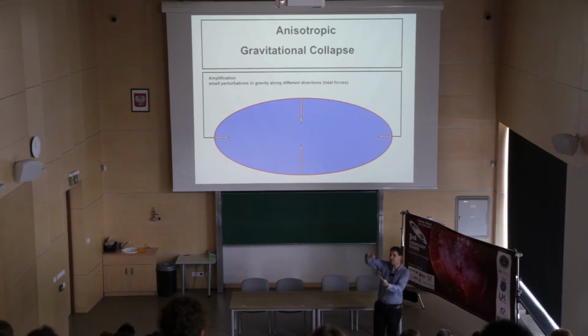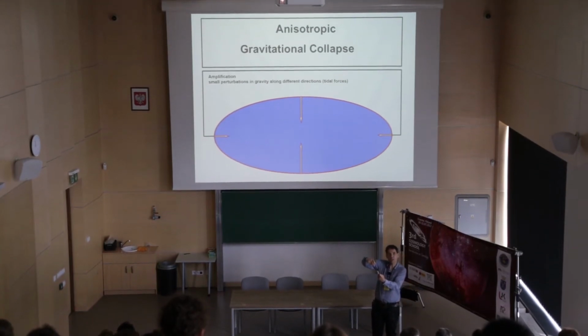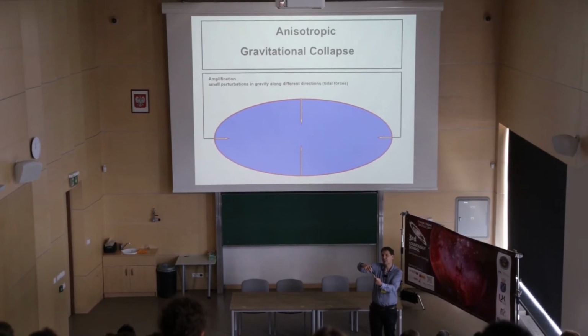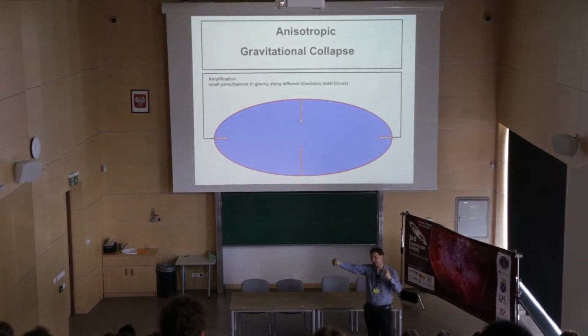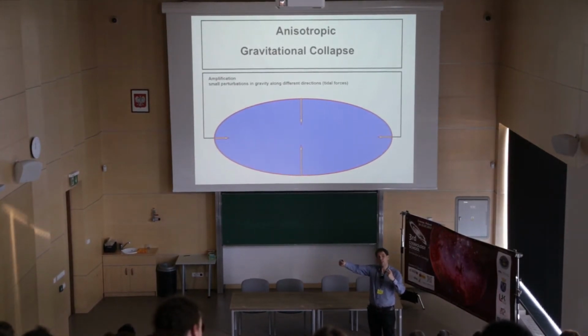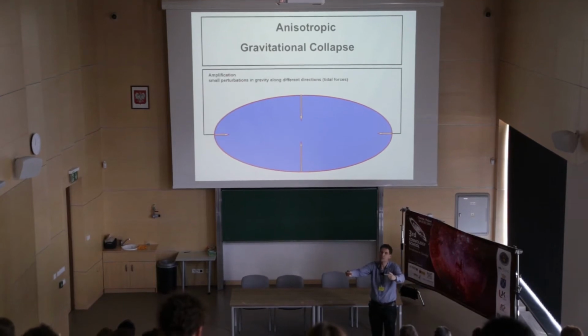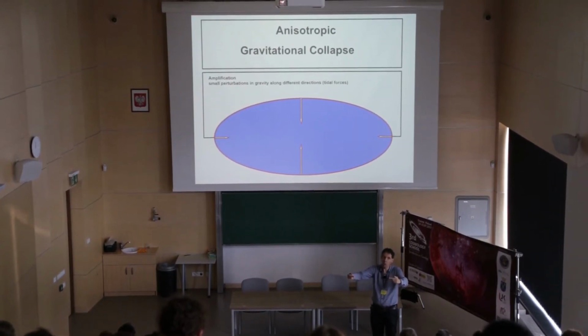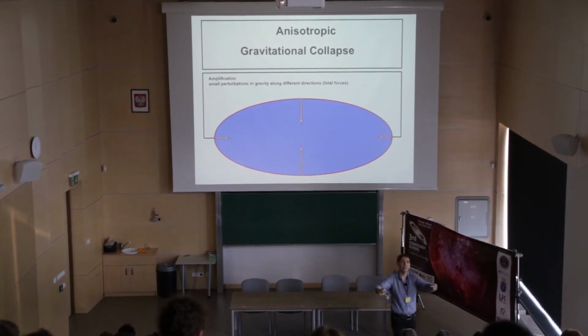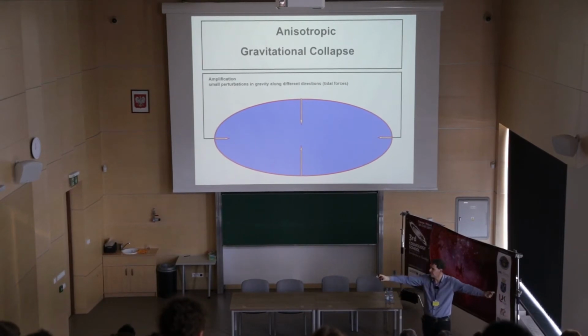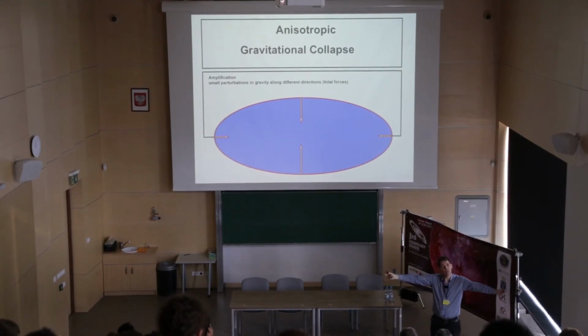So the collapse will go first along the shortest axis before it goes along the second axis. And if you're lucky, that is, if the thing is completely gravitationally bound, it will also collapse along the third axis. Not always necessary. It could be that it remains along the long axis like this.